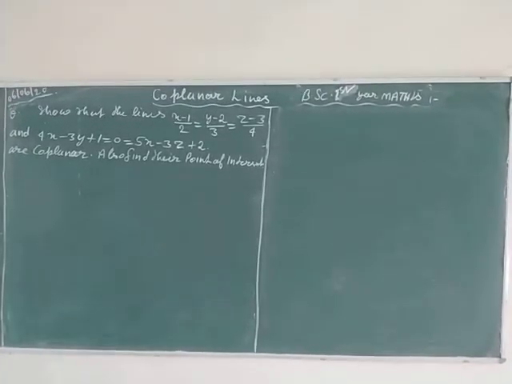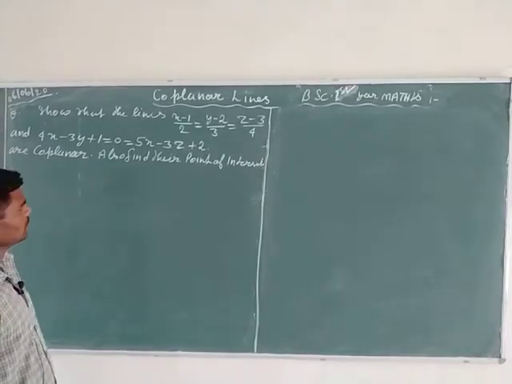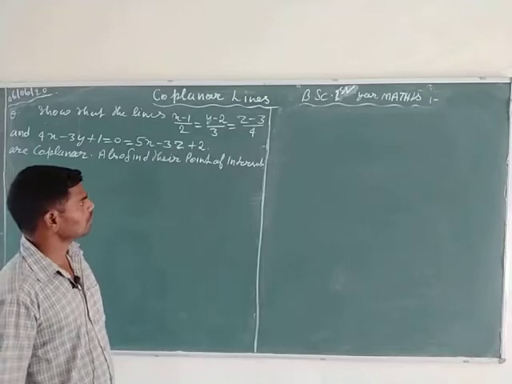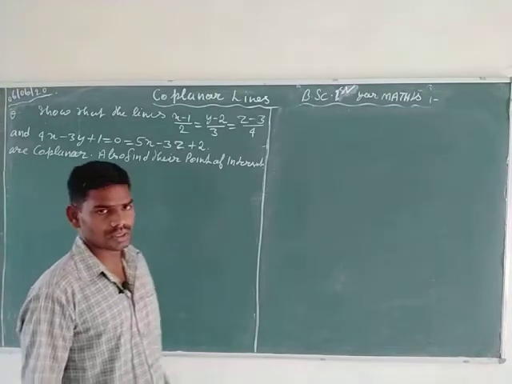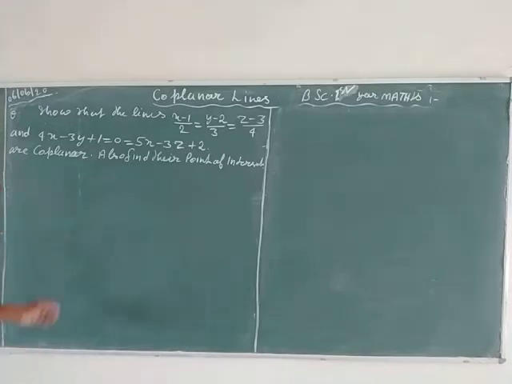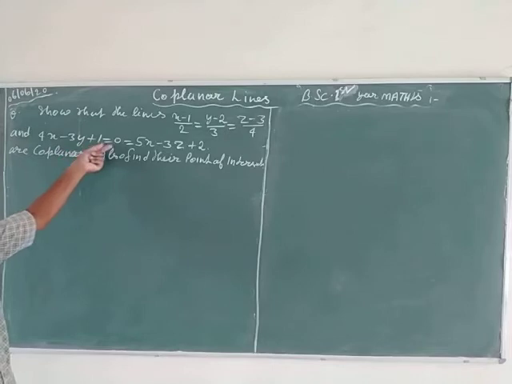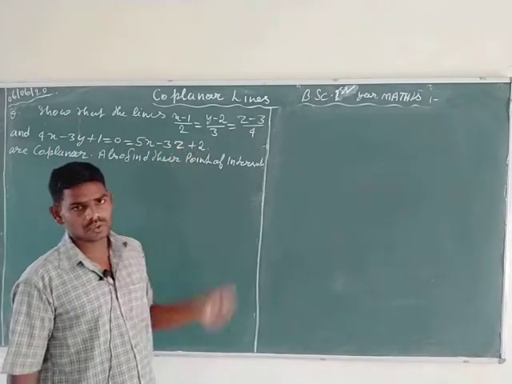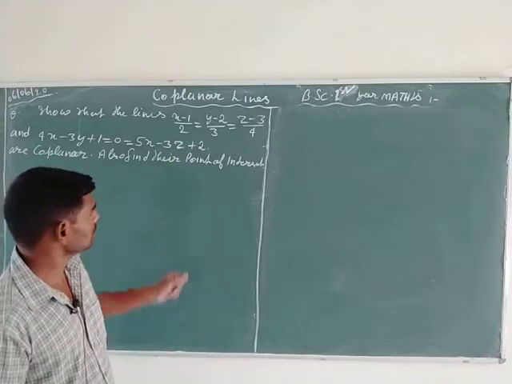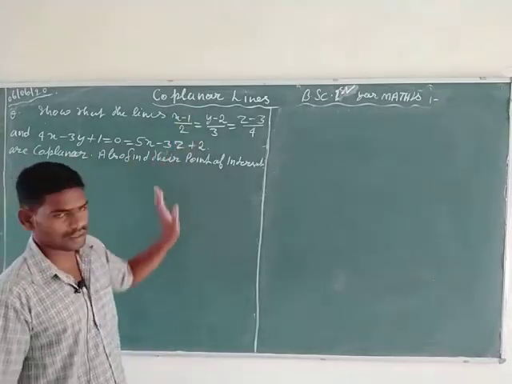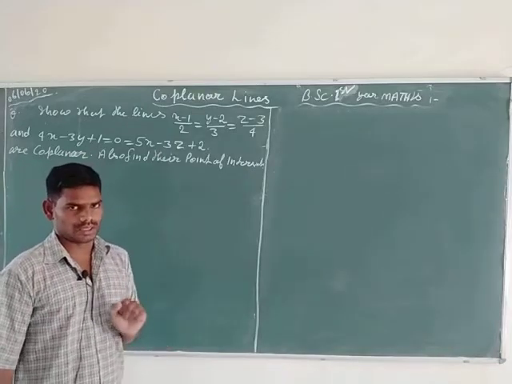In this question, the lines are (x minus 1) by 2 equals (y minus 2) by 3 equals (z minus 3) by 4, and the second line equation is 4x minus 3y plus 1 equals 0, 5x minus 3z plus 2 equals 0. Here two line equations are given, the first in symmetrical form and the second in general form, meaning the intersection of two planes.